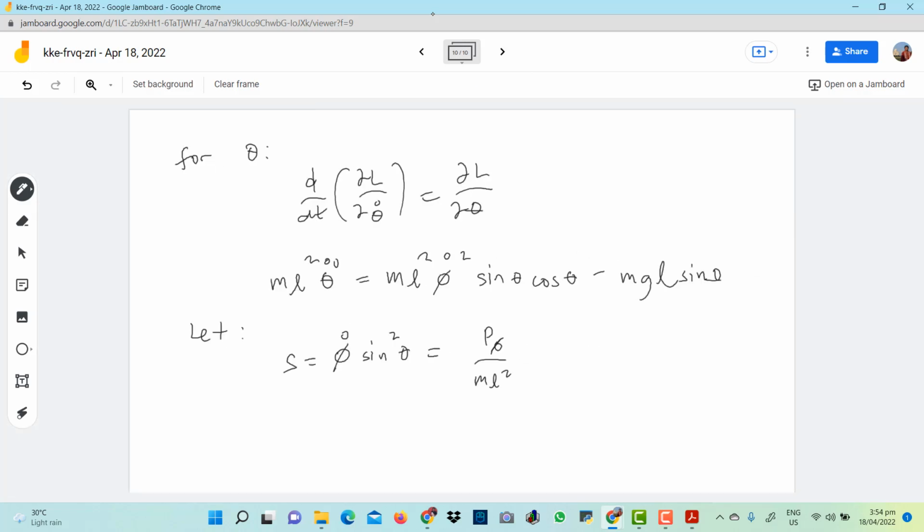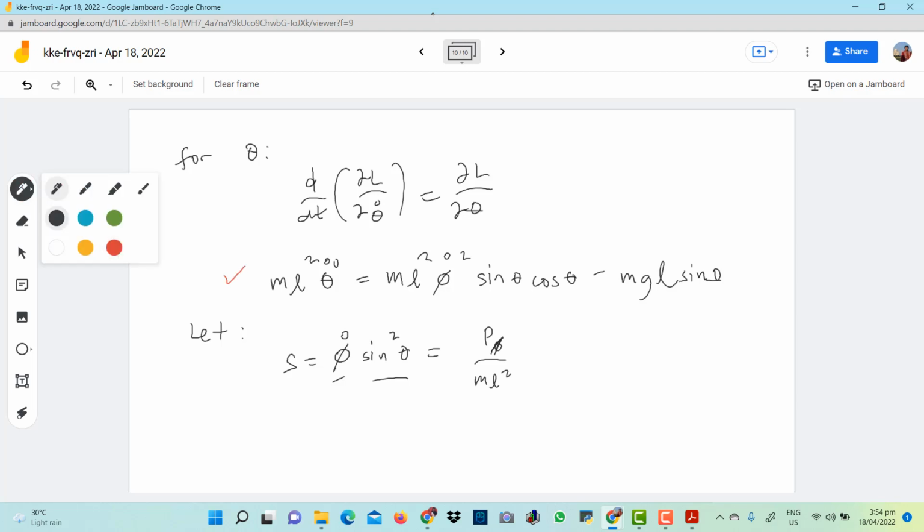So if I define s as the angular momentum over m L square, then the term becomes this.